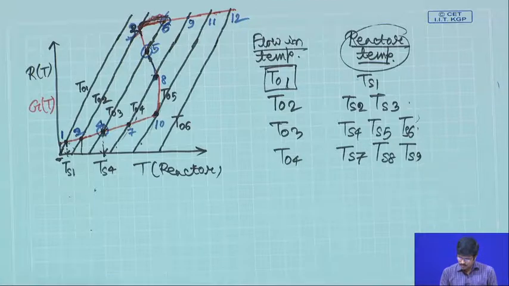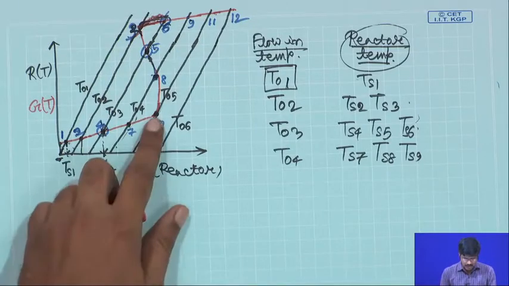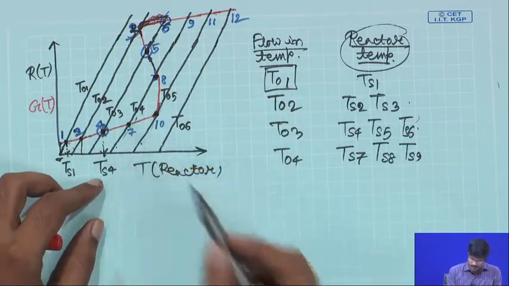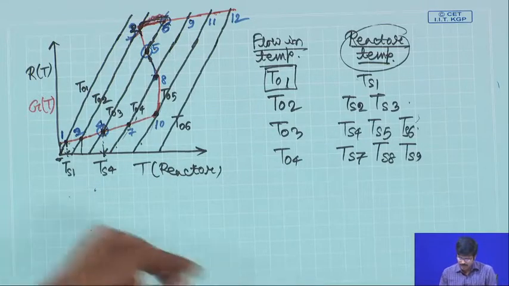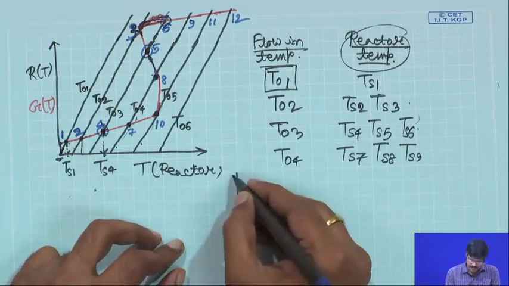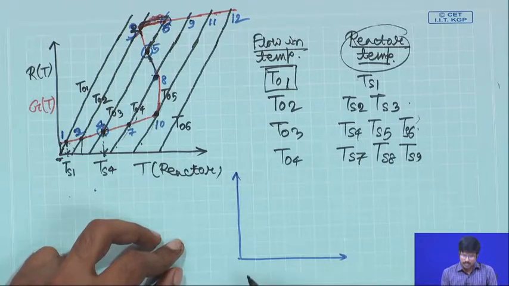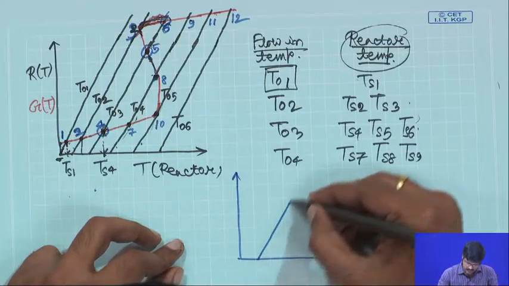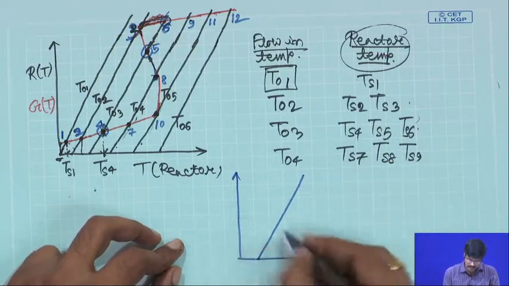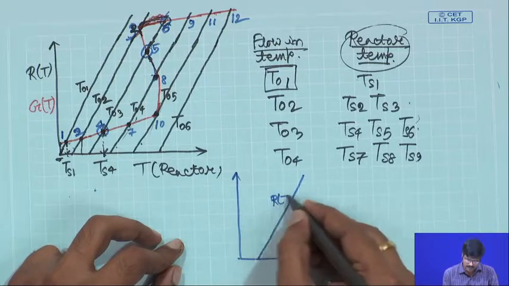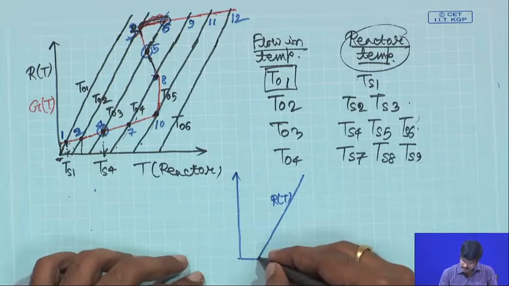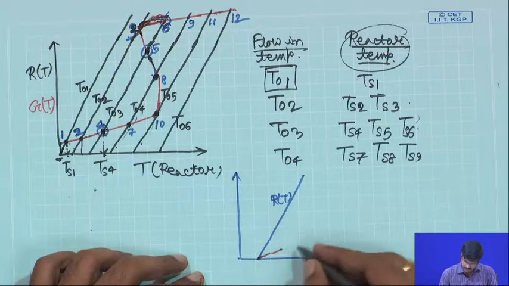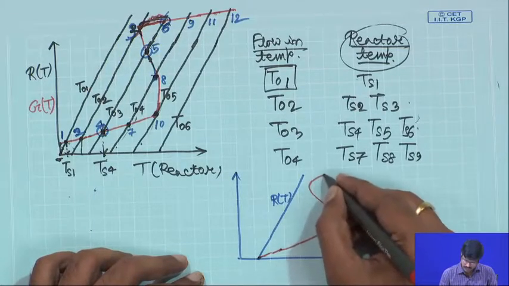Now, if you look at it in some more detail, I will draw the graph in a slightly more elaborate way, I will use the blue pen for this. So, let us look at this graph. Let us say this is your RT, and let us say this is your GT.